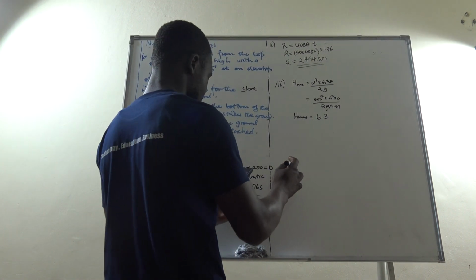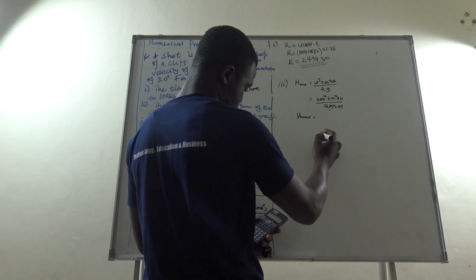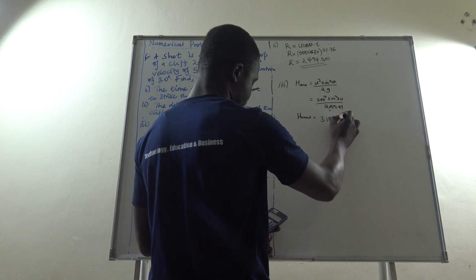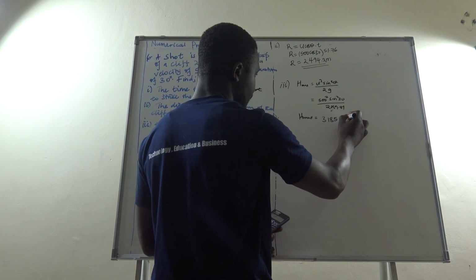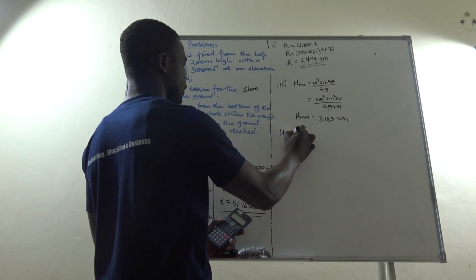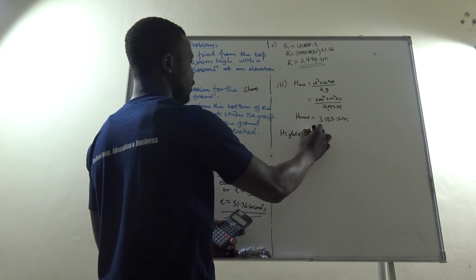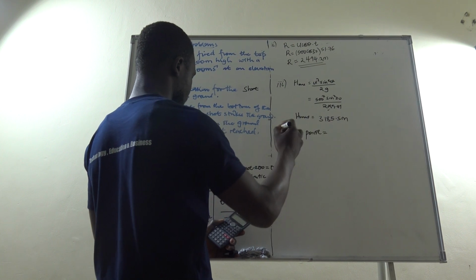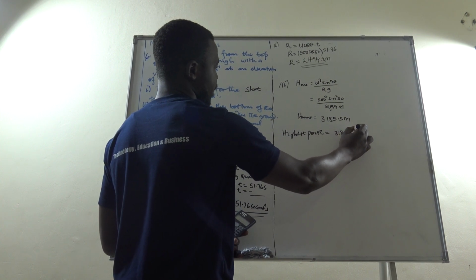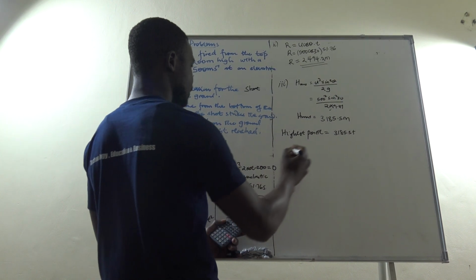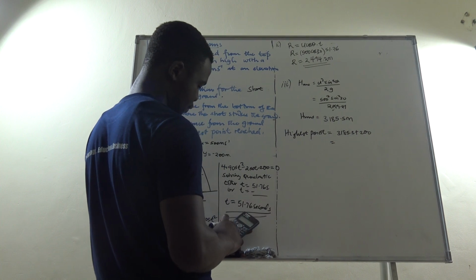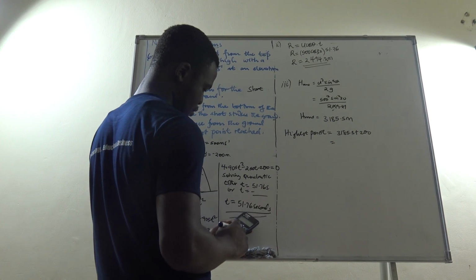I get my maximum height as 3,185.5 meters. So the highest point will be equal to 3,185.5 plus 200.